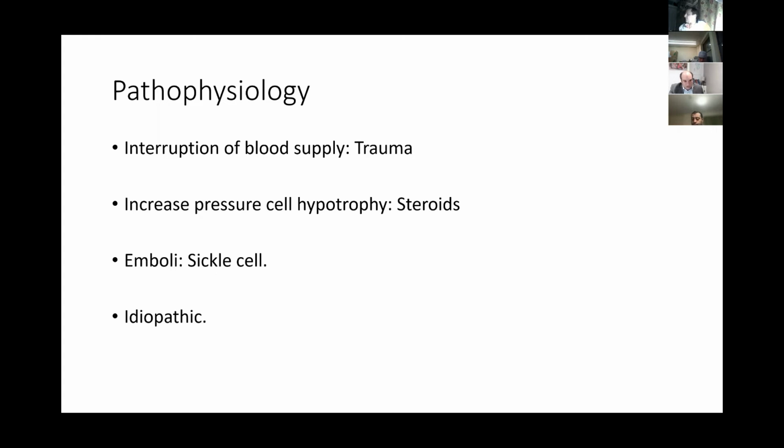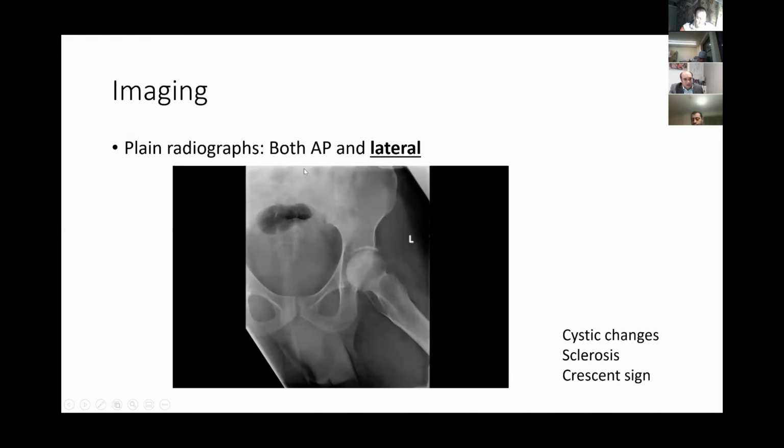Not going to go through the details, but basically it's one of these four: either trauma, direct interruption of the blood supply, or increased pressure inside the femoral head because of fat cell hypertrophy, which is one of the mechanisms thought to be caused by steroid use. Emboli, such as sickle cell or Caisson's disease, and idiopathic. In some cases you just don't find a cause.